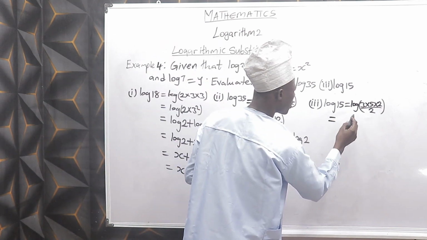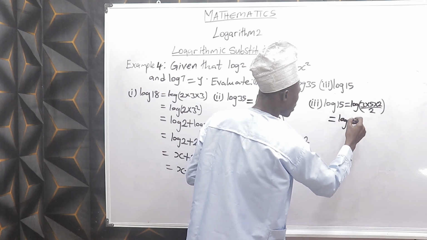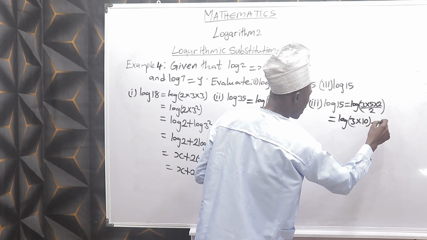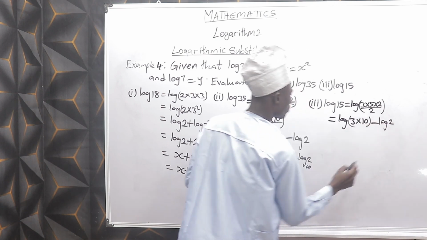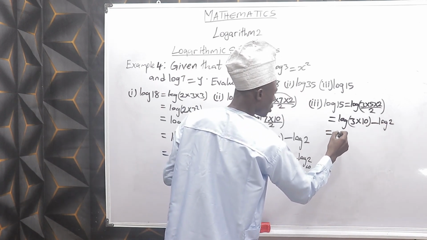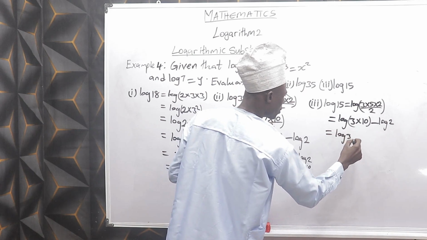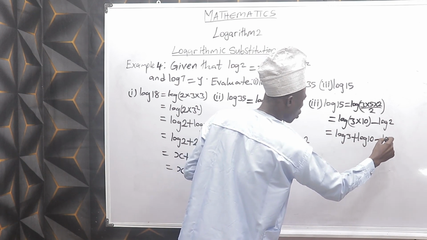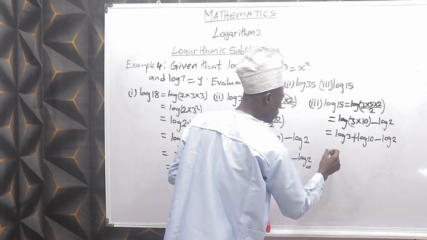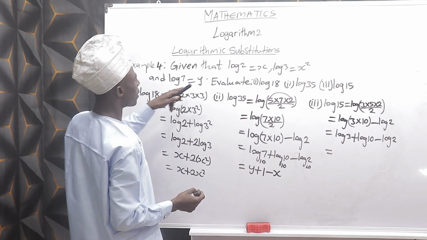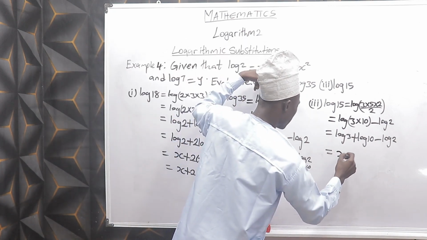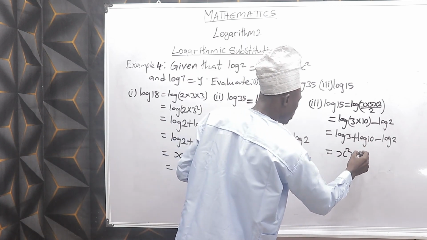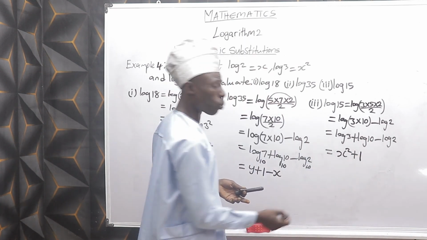So this is log 3 times 10 minus log 2, which is log 3 plus log 10 minus log 2. Log 3 is x squared plus log 10 is 1, because log 10 base 10 is 1.